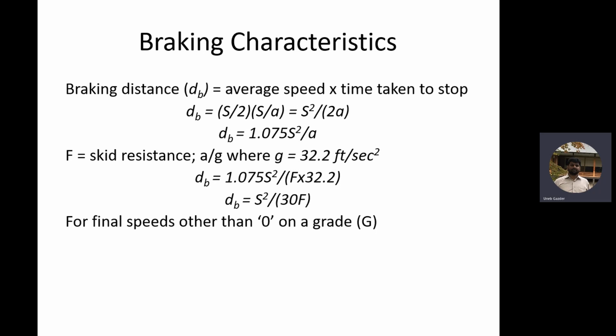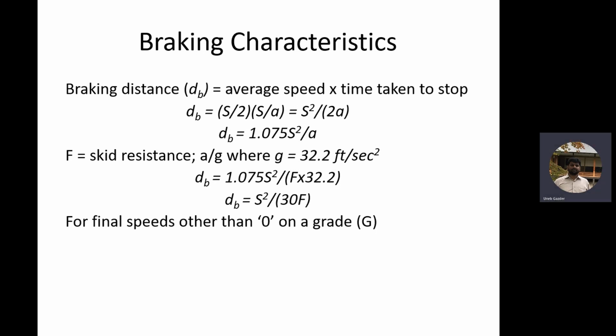The other thing is the friction between the tires and the pavement. So A depends upon friction and gravity, both. Which is why you see the equation here: F equals A upon G, or A equals F into G. F is the friction, the skid resistance.